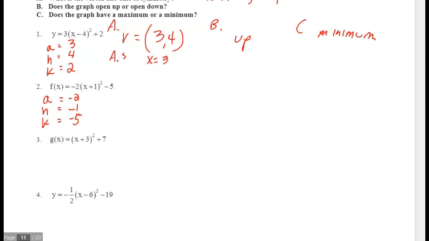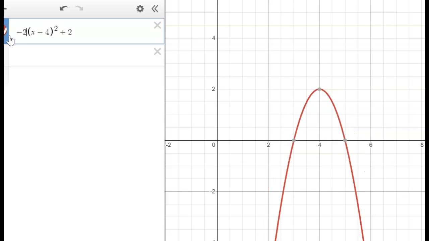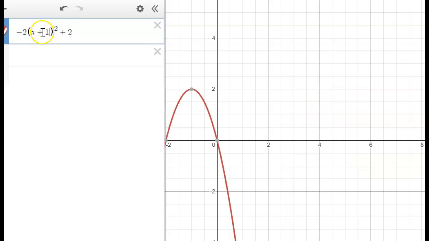So if you have to, you could graph it real quick. So we have -2, +1. So this becomes -2, we said +1, and -5.